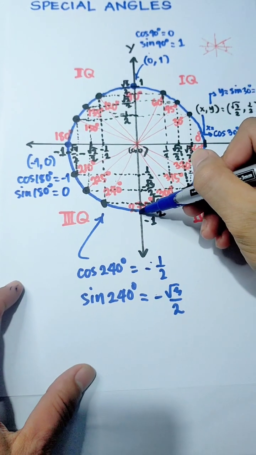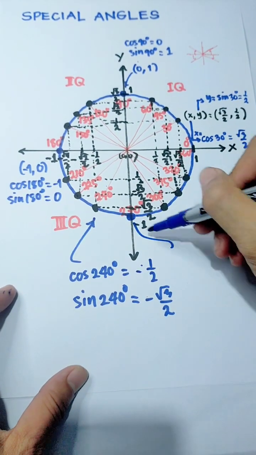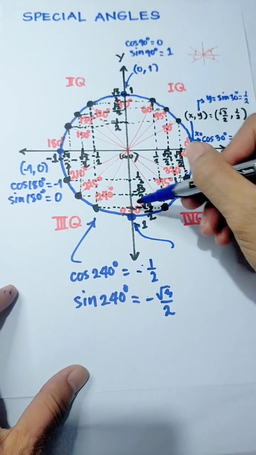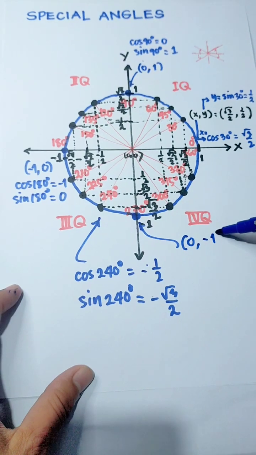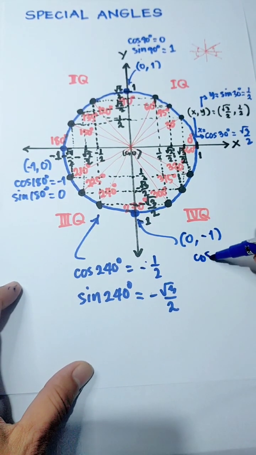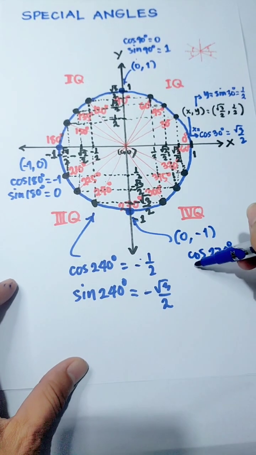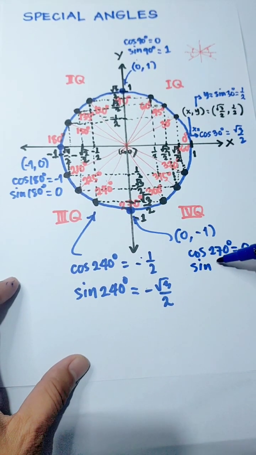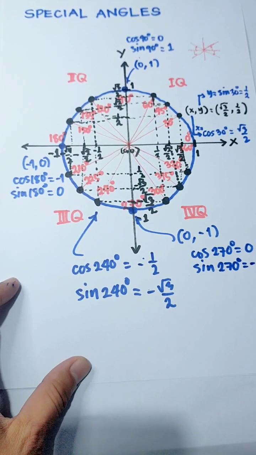The terminal point with an angle of 270 degrees gives us x is 0 and y is negative 1. So cosine of 270 degrees is 0 and the sine of 270 degrees is negative 1.